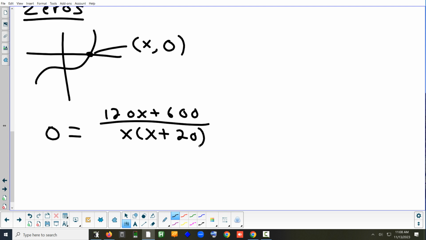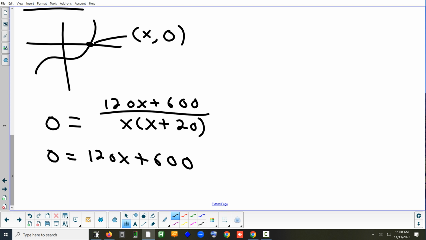There's only one way that a fraction can ever come out to the number 0. If the numerator equals 0? If the numerator is 0, it doesn't matter about the denominator. Just if the numerator comes out to 0, then the whole fraction is 0. So all we have to do is solve that.